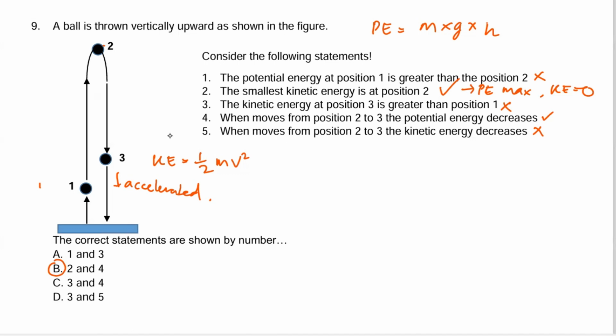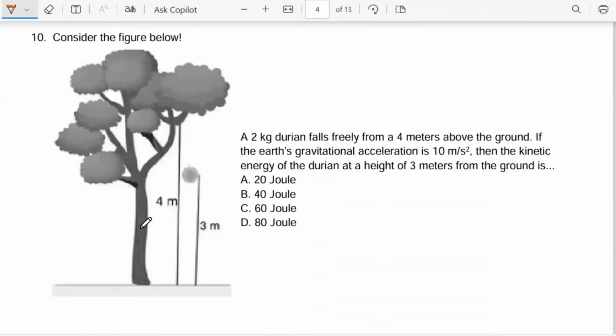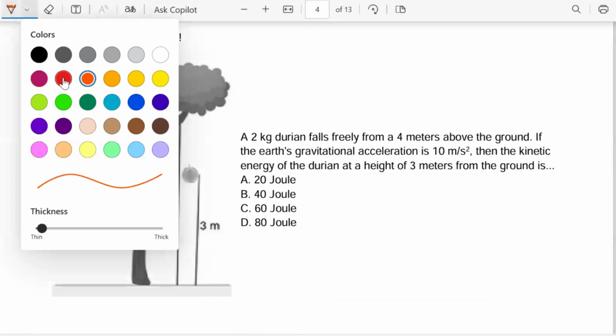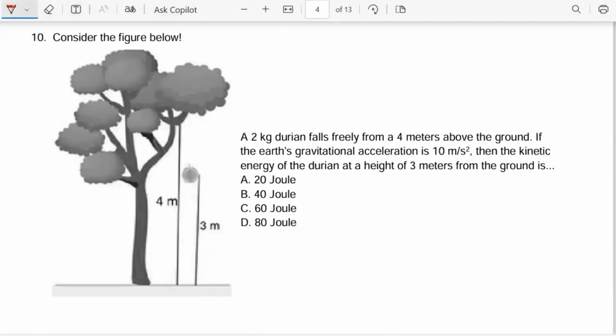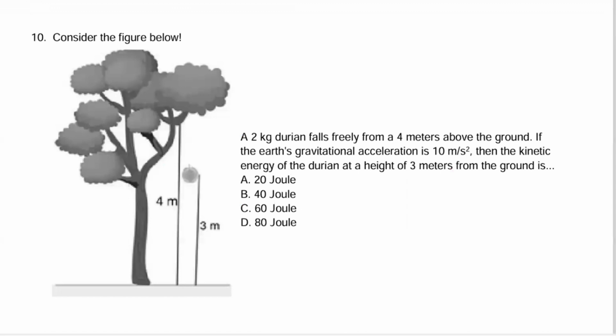Okay, then question number 10. There is a durian tree, all right? Amongst you, who likes durian? Okay, so the durian is 2 kilograms. So the mass is 2 kilograms. And it falls from 4 meters above the ground. So it was here at the beginning.